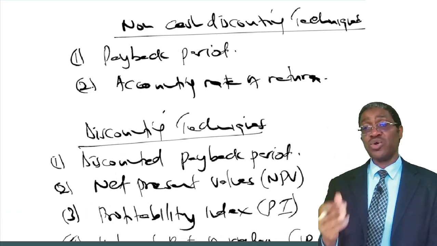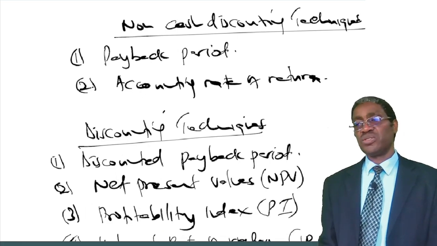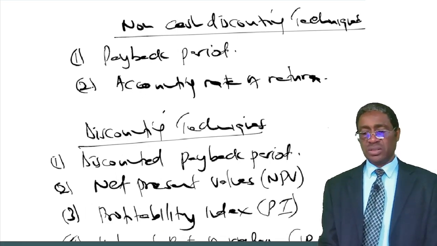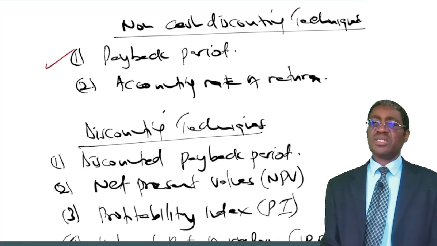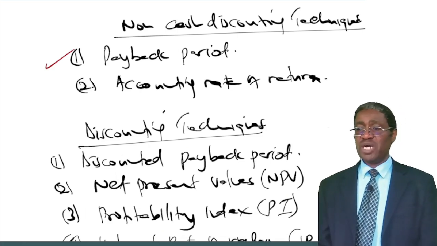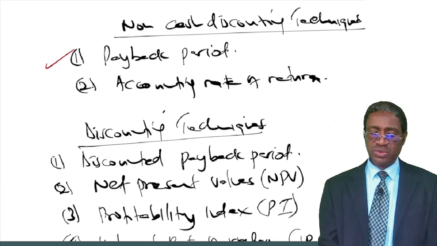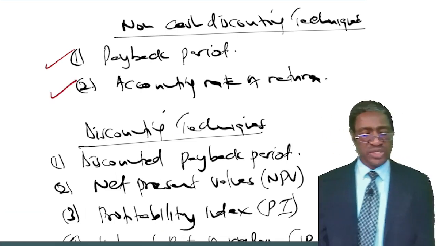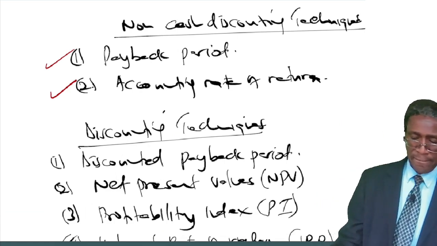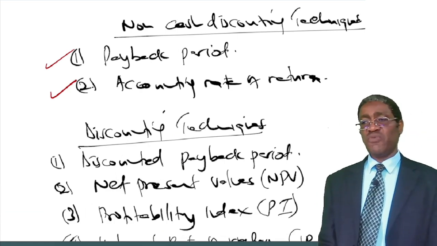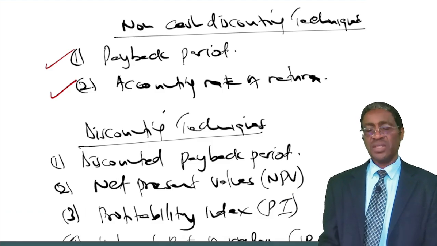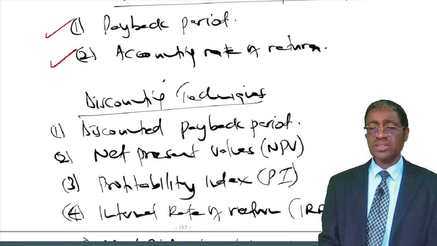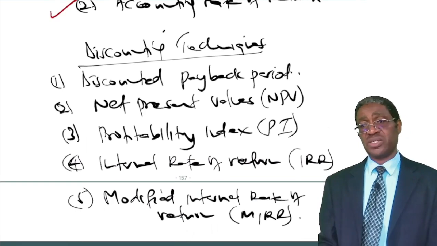Full stop. They include, number one, payback period. Number two, accounting rate of return.